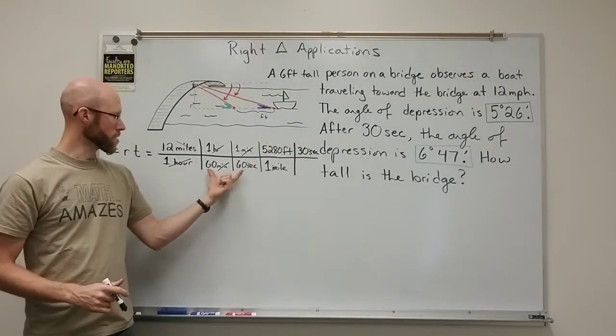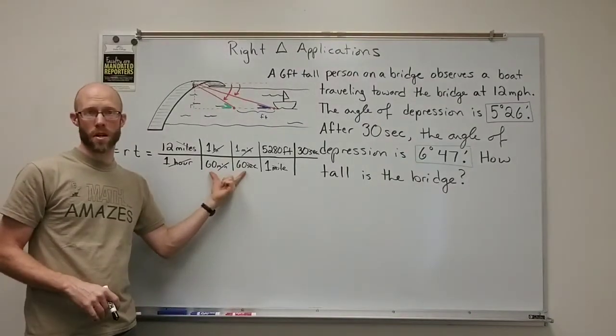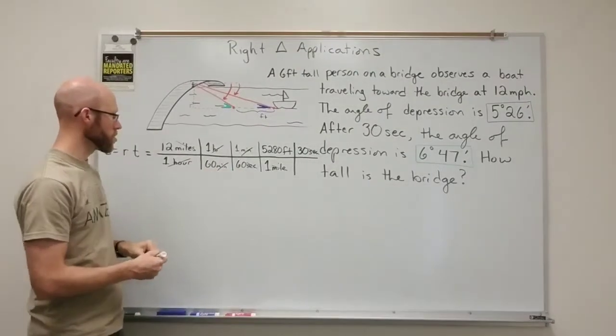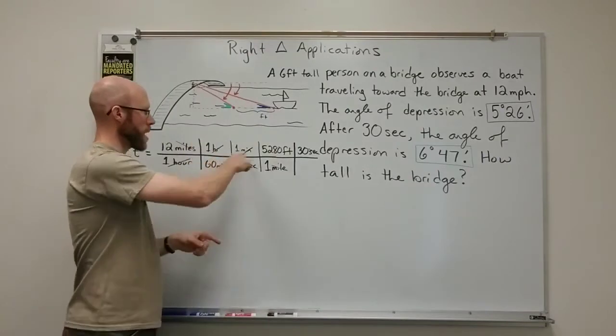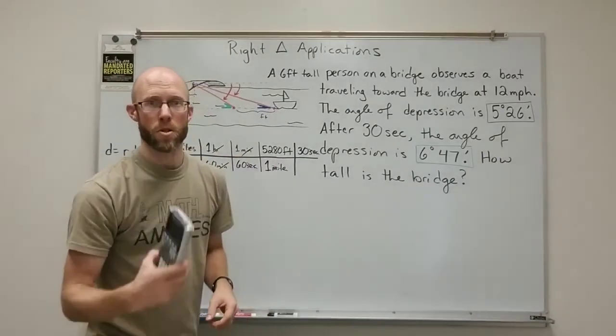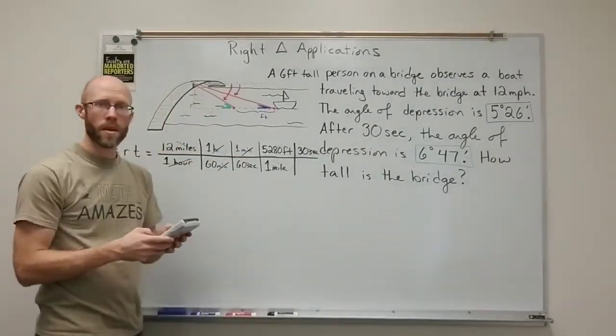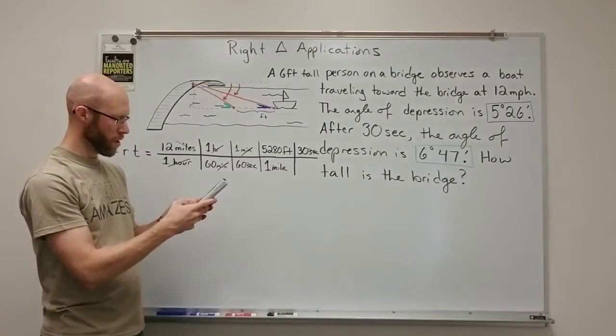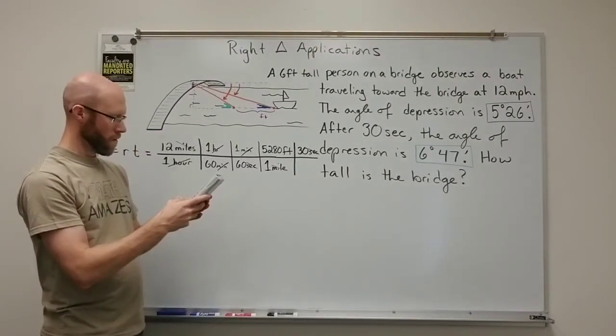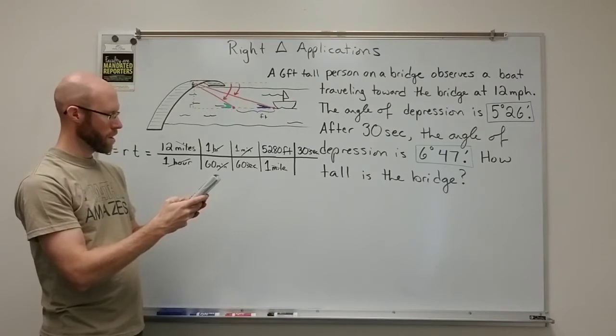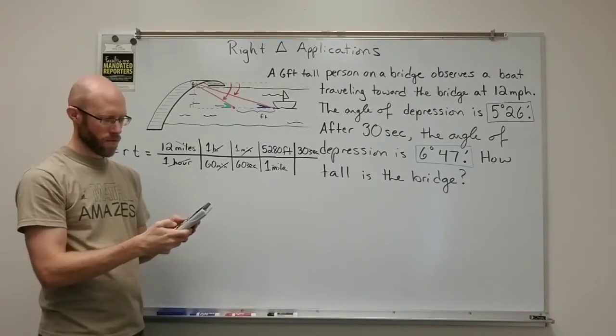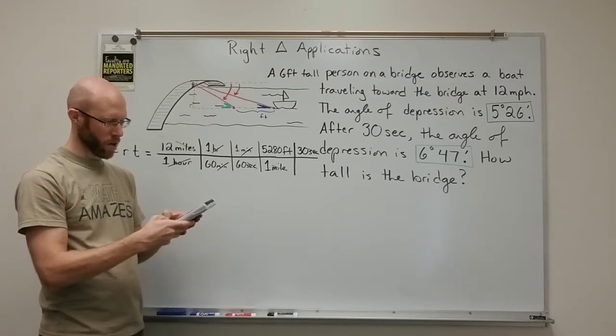The bottom has 60 times 60, which is 3,600. So what I could do is multiply everything on top and divide by 3,600, which is what I'm going to do on the calculator here. So I'm going to go 12 times 5280 times 30, hit enter, and divide that by 3,600.